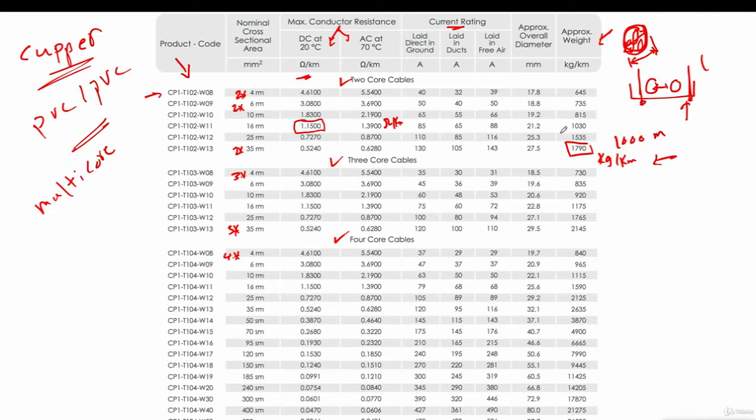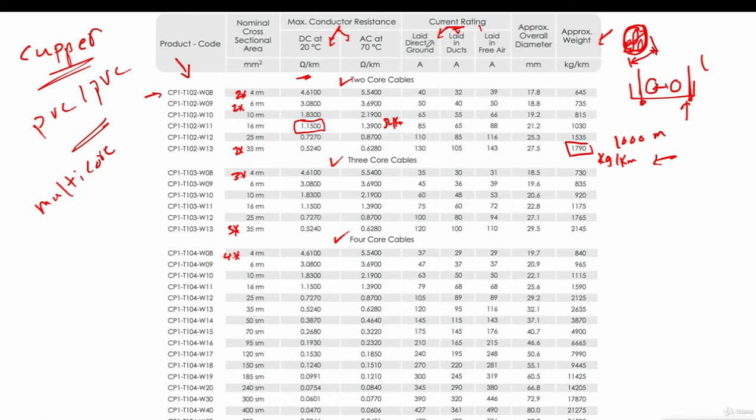Okay. Let's get back to current rating. What does it mean by current rating? It means the current that the cable can load, the maximum current the cable can load in these conditions. Current rating is identified according to cable installation, and we have three types of installation here.